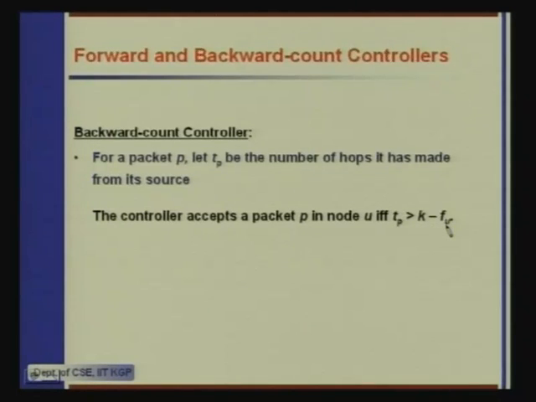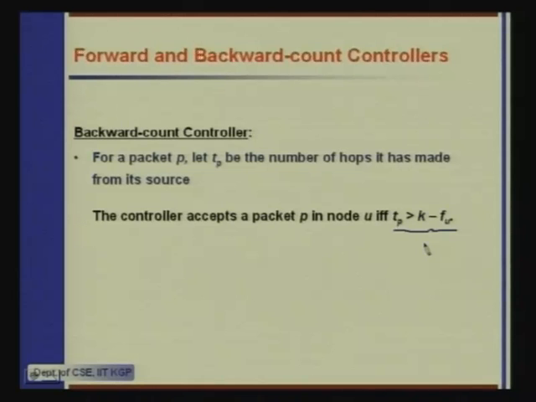You will see that it's almost the same thing, because k minus Tp is an upper bound on the number of hops that it still has to go, right, and we are accepting the packet if fu is greater than k minus Tp, right. So, if the upper bound on the number of hops it still has to go is less than the number of free buffers, it automatically follows from the previous one that it will be deadlock free, right.